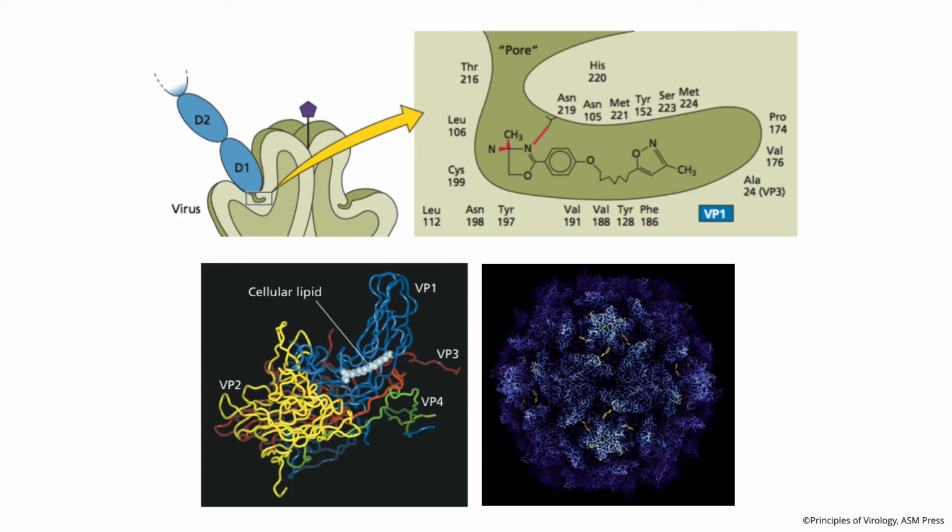If you remember icosahedral symmetry. You don't remember? Do you remember how many five-fold axes there are in an icosahedral particle? No. So there are 12 five-fold axes, and there are 60 subunits. So there are 60 binding sites for this compound, and that's what you can find in this diagram.